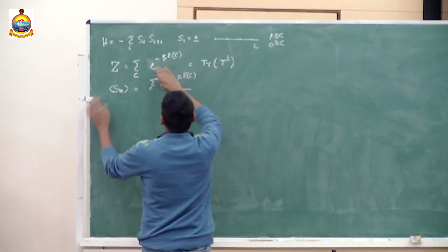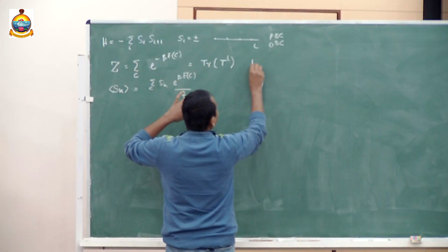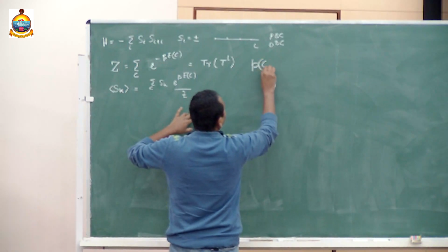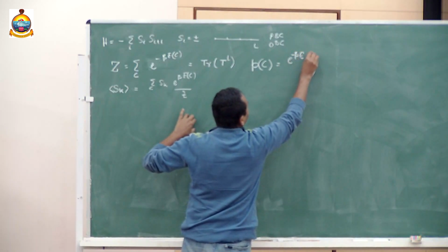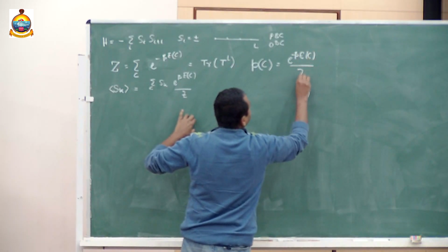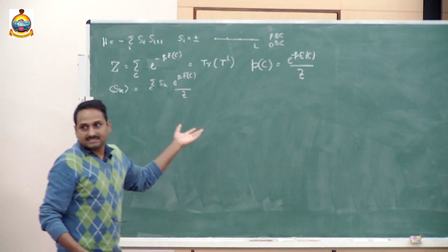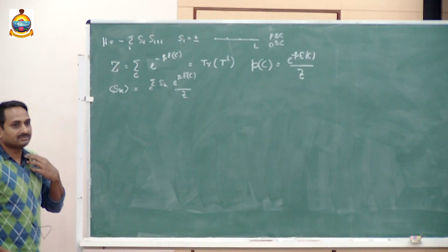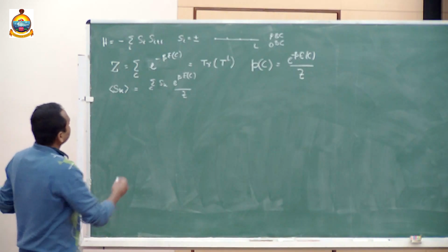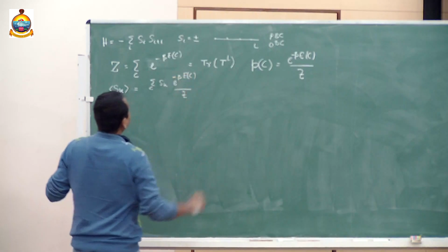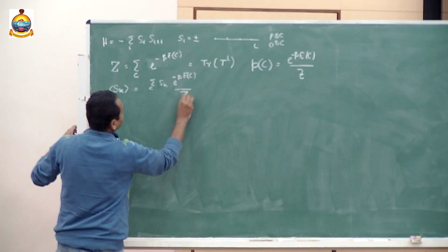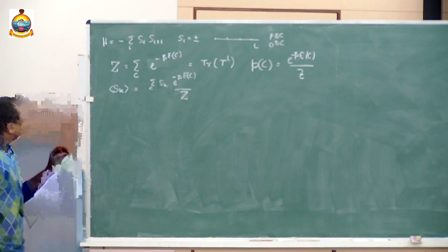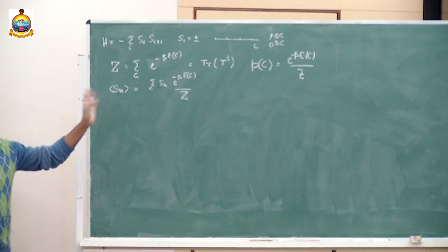I will also write the statement: the probability of a configuration is equal to e to the power minus beta E of C divided by Z, where Z is the partition function. So that's what we calculated.